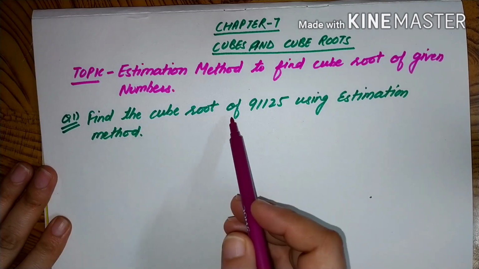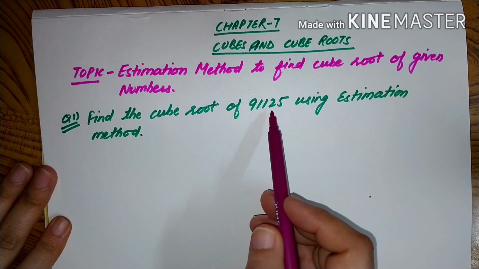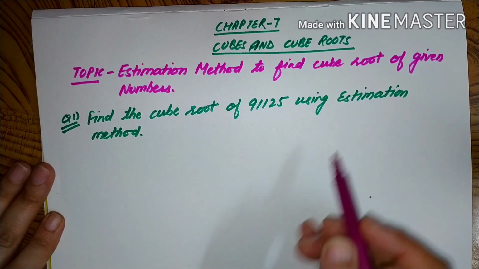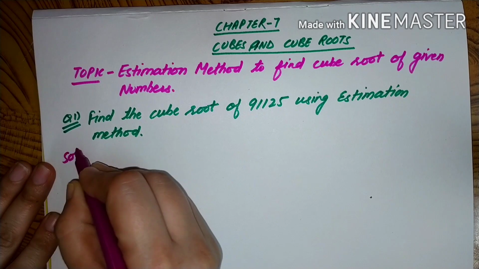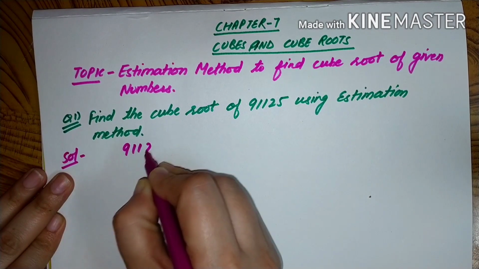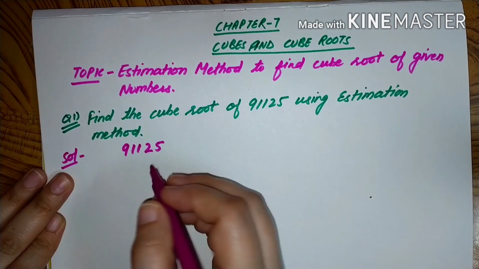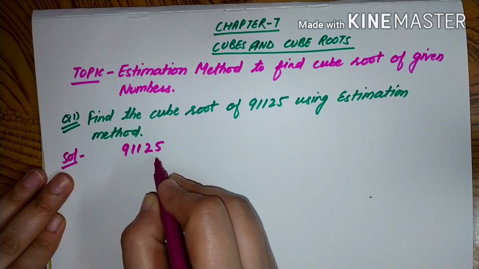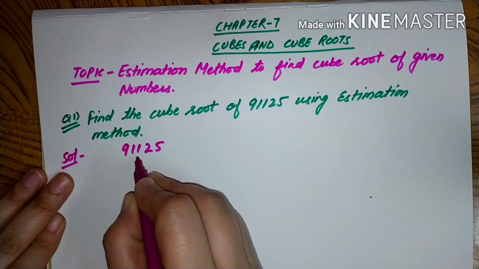Find the cube root of 91125 using the estimation method. For doing it, firstly we'll write the number 91125, and from the rightmost side we will make groups of 3.